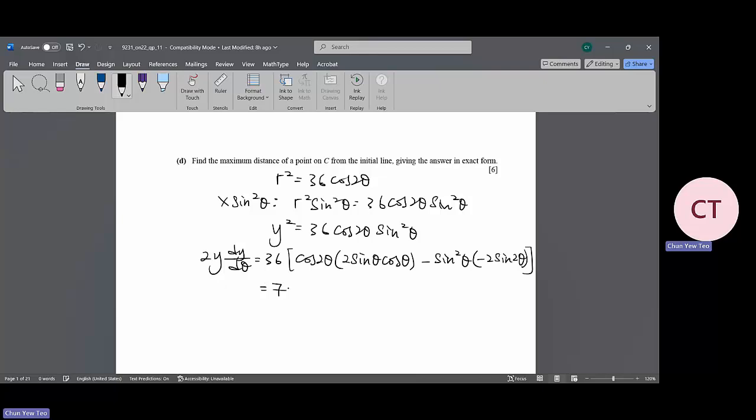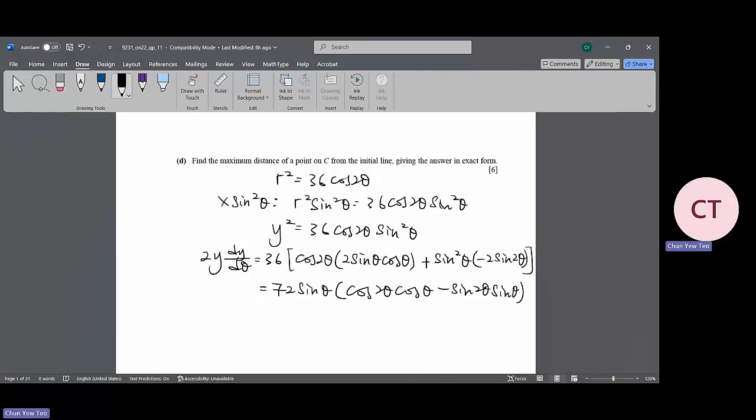You get 72 sine theta times cos 2 theta cos theta plus sine 2 theta sine theta. Oh, sorry, I made a mistake. This is a plus, so this is a minus.